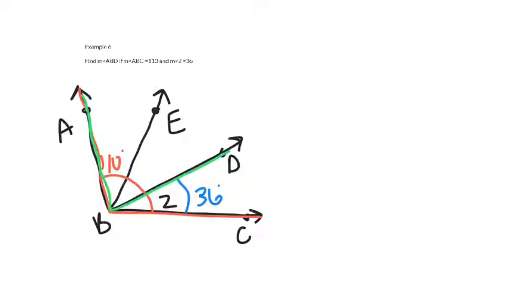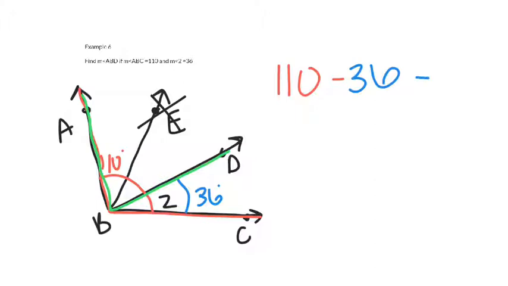So we've used the same picture multiple times now, given different pieces of information. So in this case, we are actually using the entire big angle, but we don't need this chunk here again. Okay? So 110 is the entire thing. If I subtract that piece that's 36, it will leave me the green piece, the ABD.